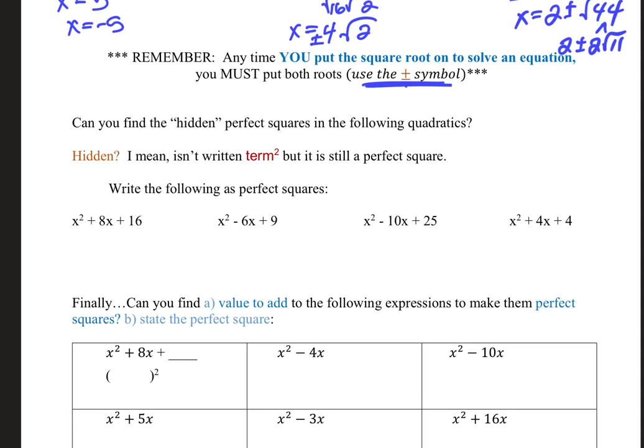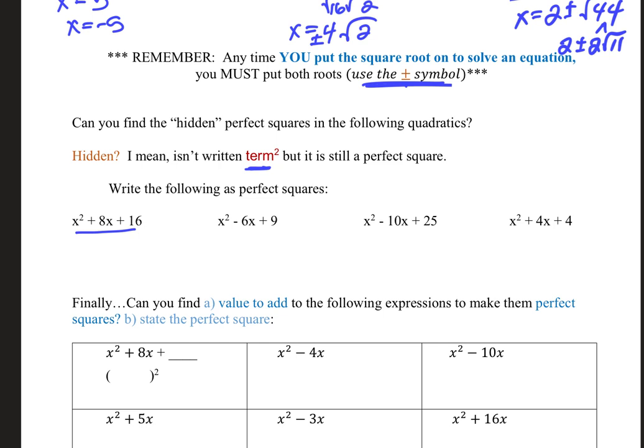Another piece that you have to understand is what a perfect square is. You do know that 36 is a perfect square, and x squared is a perfect square. But do you know that this guy here is a perfect square? All that really matters is that you have some sort of term, and you square it.